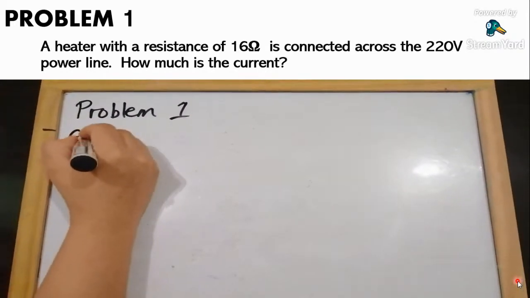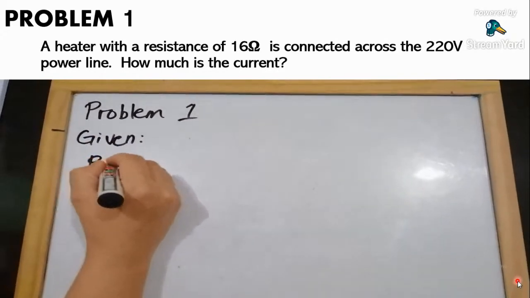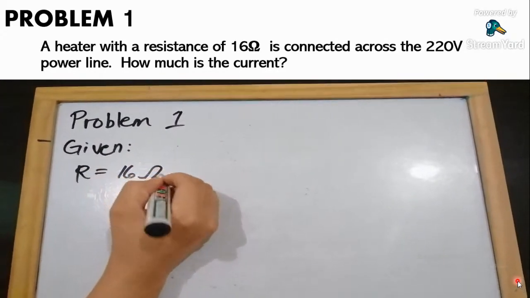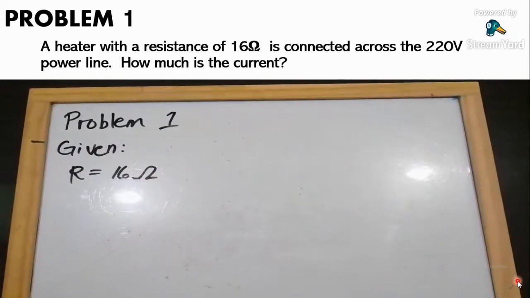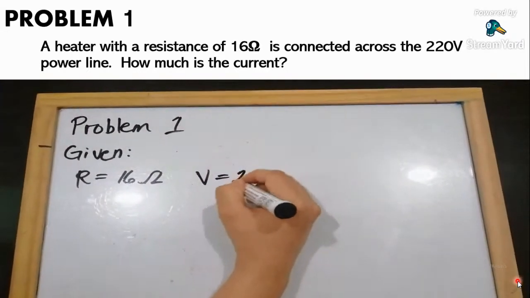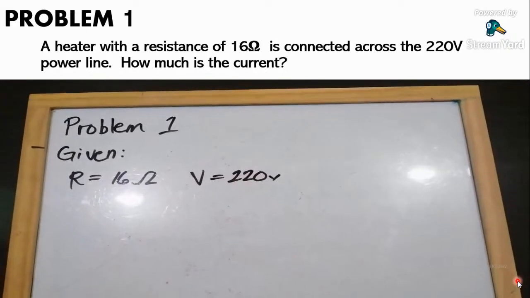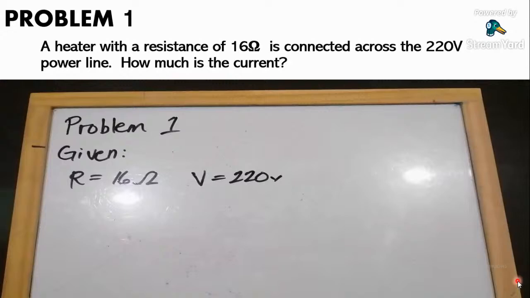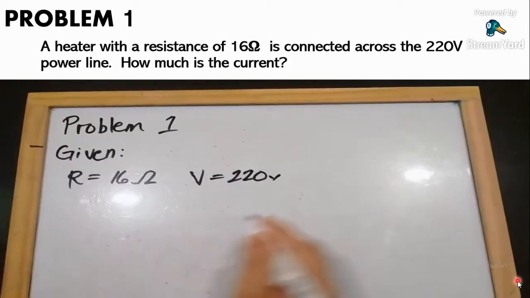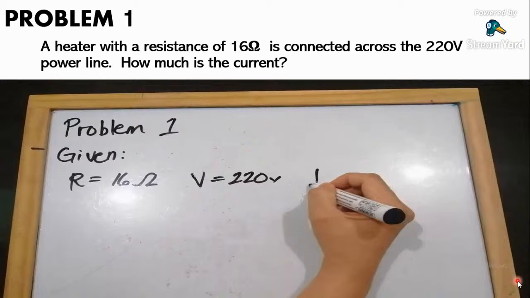So, meron tayong given. So, ano yung given natin? Meron tayong resistance na 16 ohms is connected across the 220 volts. So, meron daw tayong volts na 220. Okay? Then, how much is the current? So, ang hinahanap natin is the current.